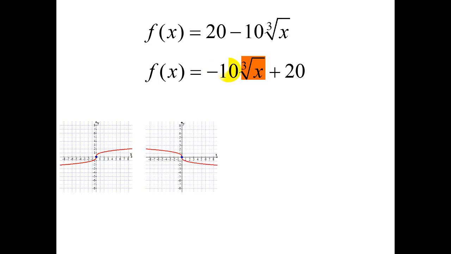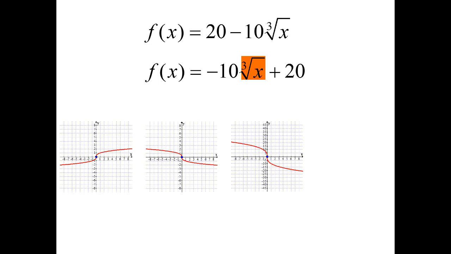The 10 on the front multiplied is going to stretch the graph vertically. And then the plus 20 on the outside is going to shift the whole thing up 20 units. Now again, I would not see that on a normal window. I need to know a little bit about transformations in order to be able to reconstruct graphs similar to this.